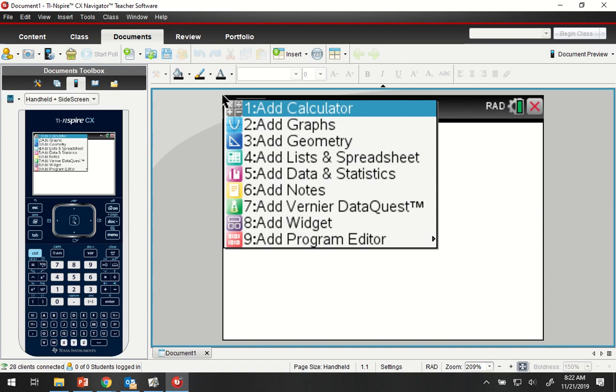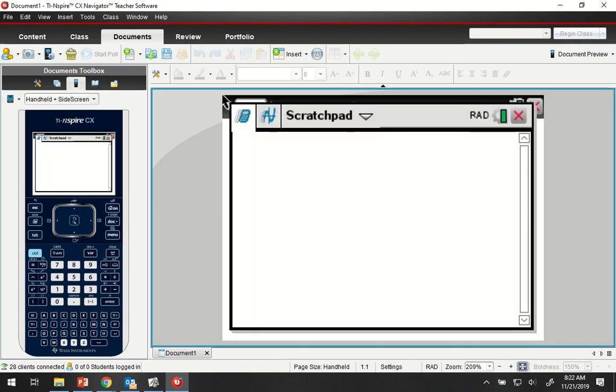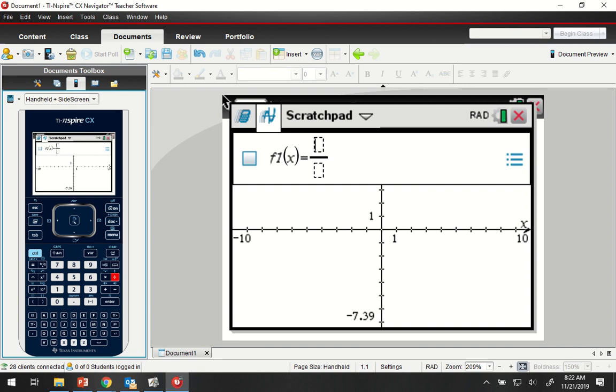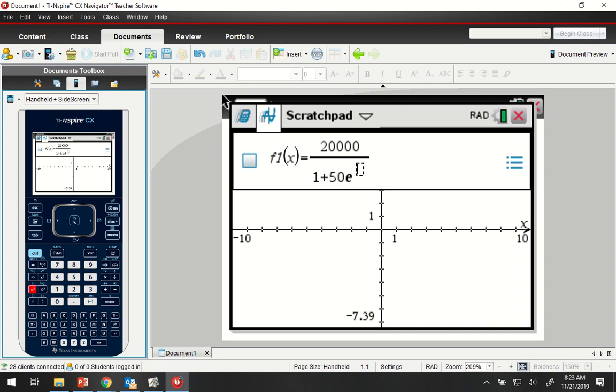All right, so pull up the calculator and type 20,000 over 1 plus 50 e to the negative x, right?